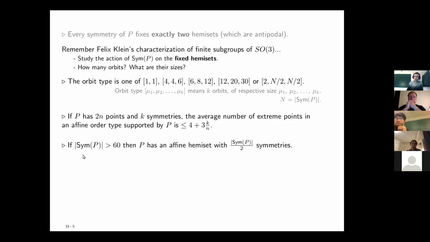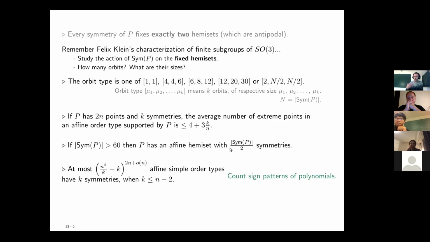We managed to argue that any point set with more than 60 symmetries has an affine hemiset with actually at least half that number of symmetries. And the number of affine sets with many symmetries we can control by carefully counting sign patterns of polynomials.